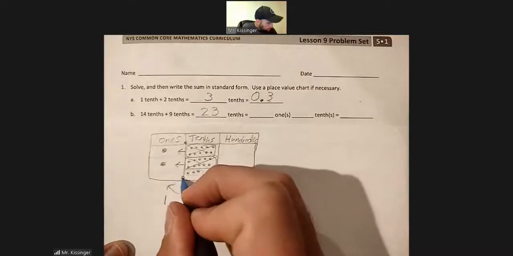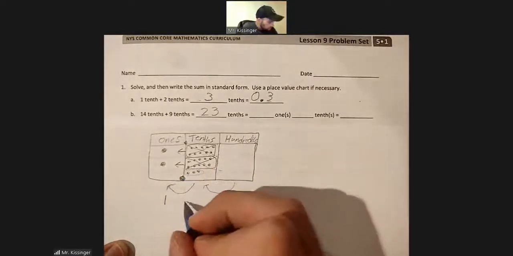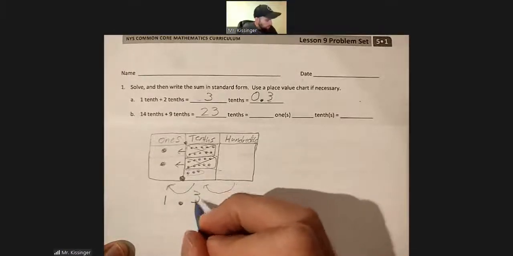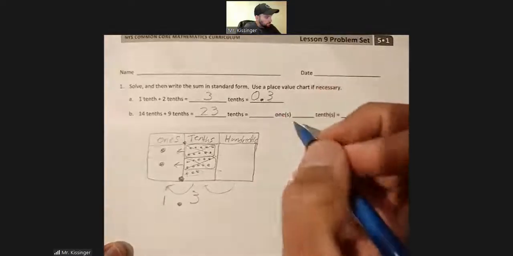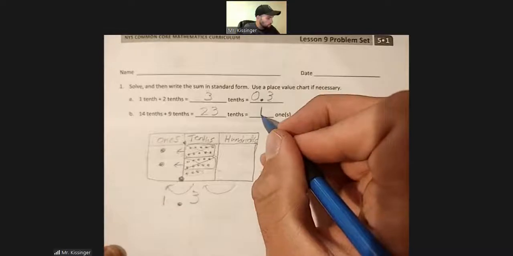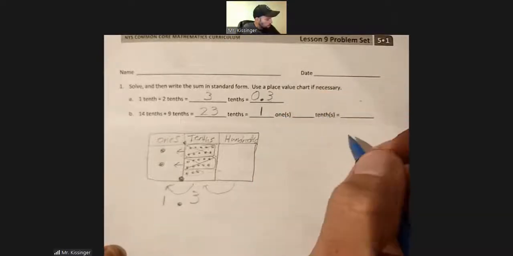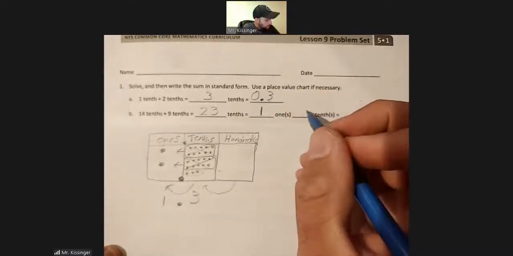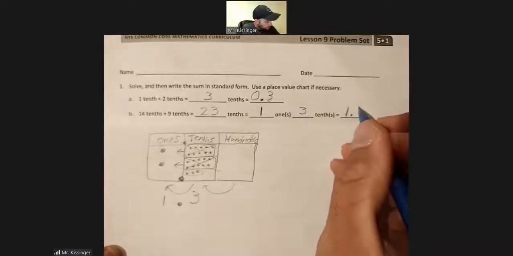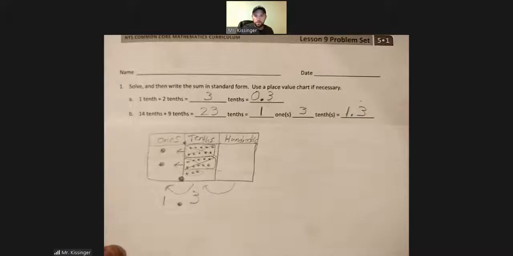Our decimal point's right here. 1 and 3/10. So it can either be 23/10, or we would call it 1 and 3/10, or 1.3.